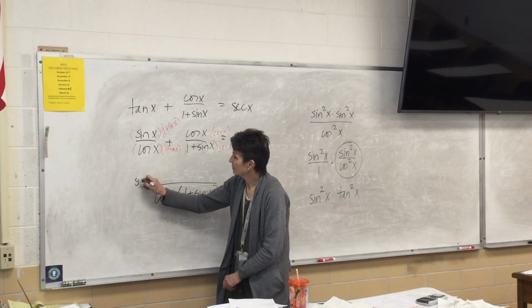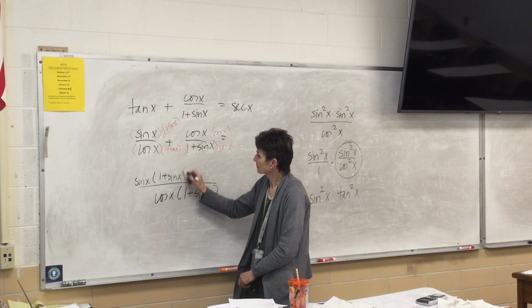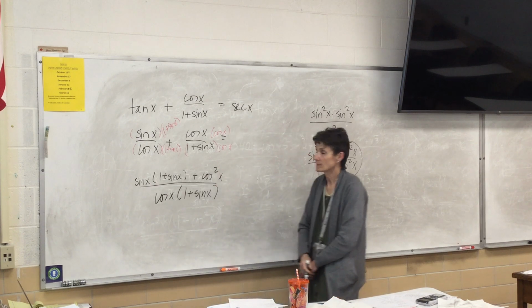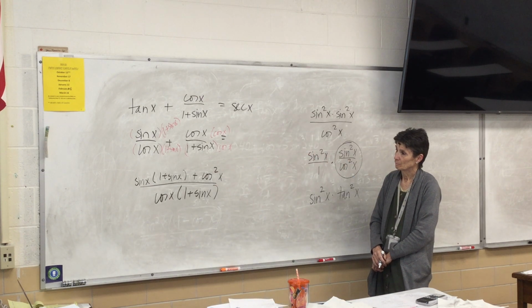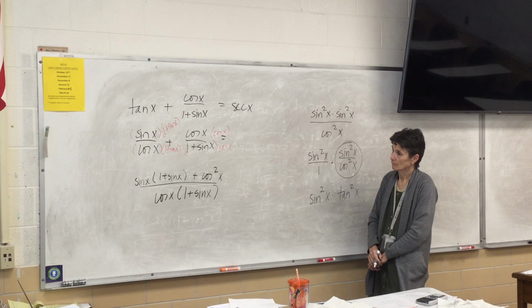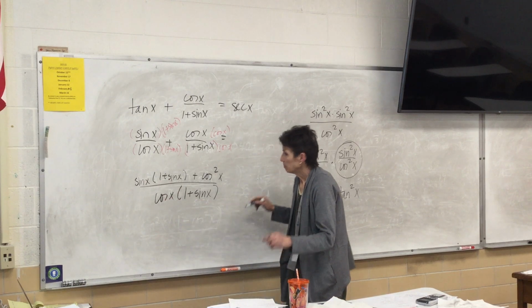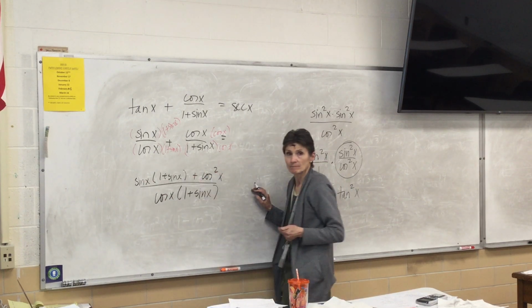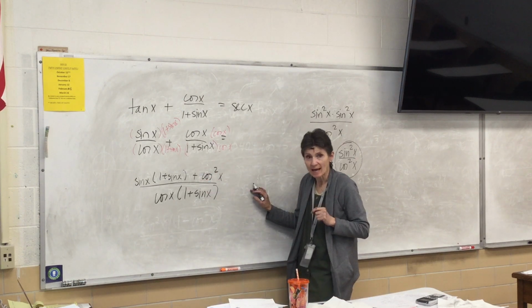Now, what are my numerators? Well, this numerator is sine times 1 plus sine, and this one is cosine times cosine, cosine squared. I think I'll go ahead and distribute here. Now, please do not even think about canceling. Because of that add, you can't do that.